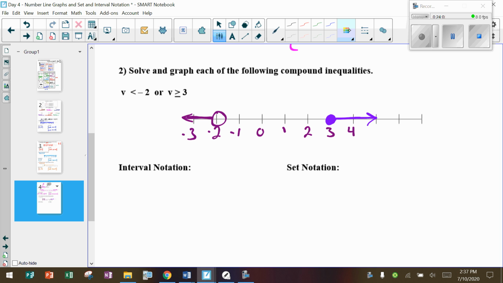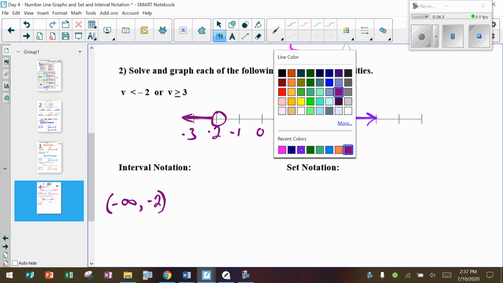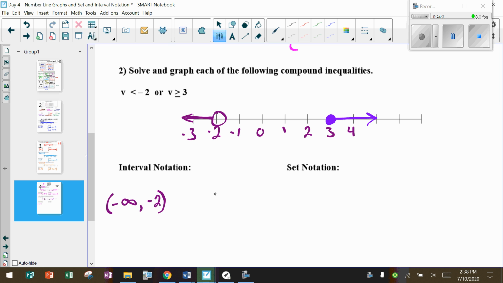So my interval notation, we always write left to right. So the left part of my graph comes from negative infinity and stops at negative 2, or really close to negative 2, not equal to negative 2. The right side of the graph starts at 3 and can be equal, so I make it square, and then heads up to positive infinity.